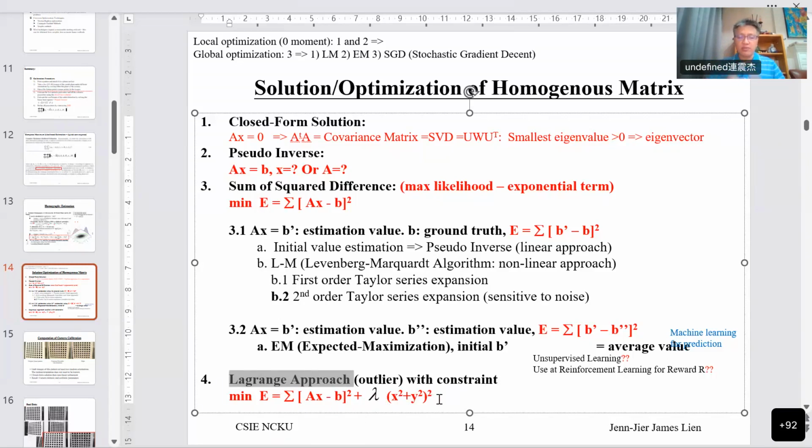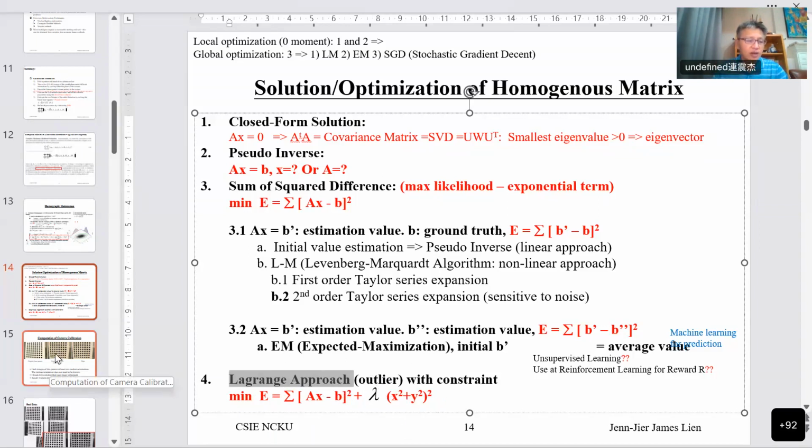They can solve this the same way with gradient descent, and this constraint can delete some noise, what we call outliers. Outliers mean data that is not good; you can delete it. But if you don't use this and just use the square term, you are affected by the noise. So now people have started to work on this approach.